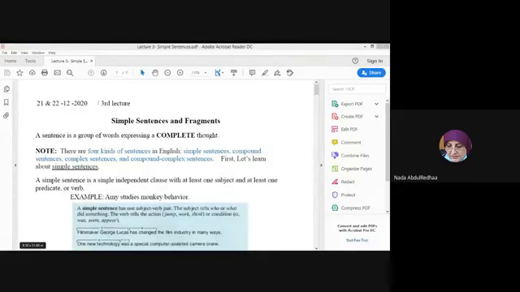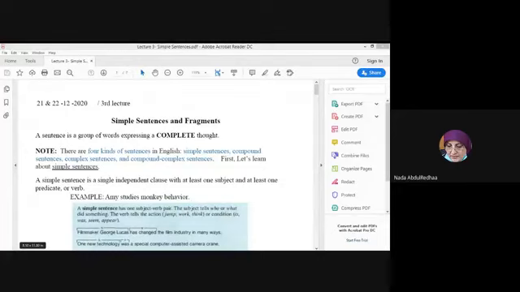The dependent clause, from its name, means that it cannot stand alone. Dependent, it comes from the verb depend. Depend means you are depending on someone else. You cannot do the thing on your own, so you have the help of others.